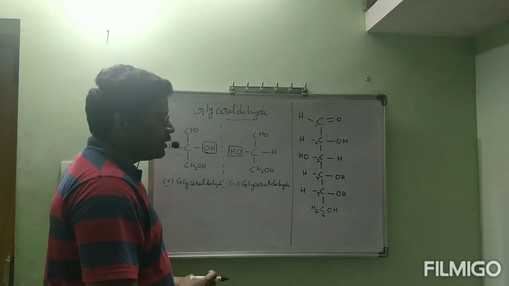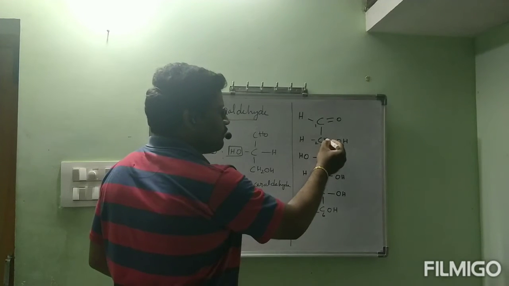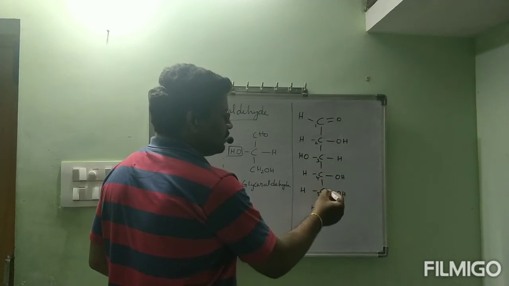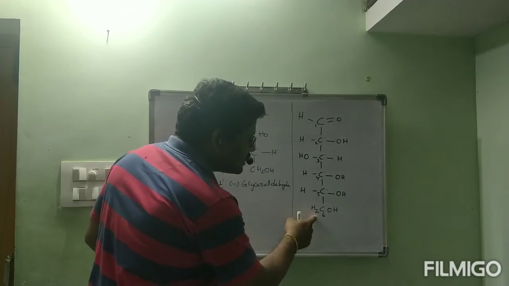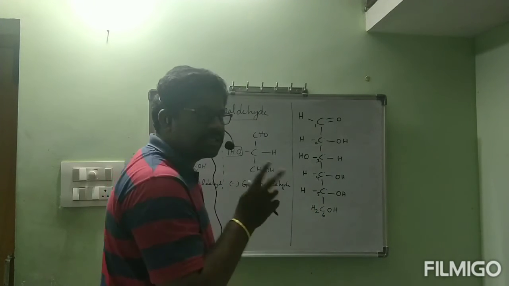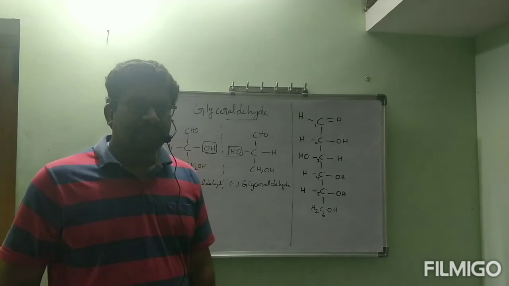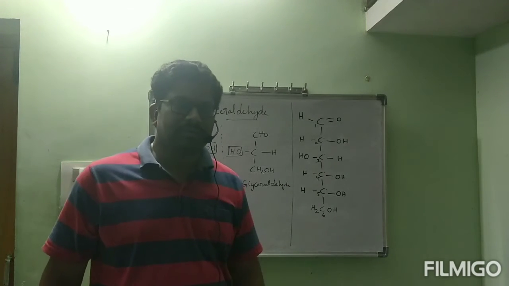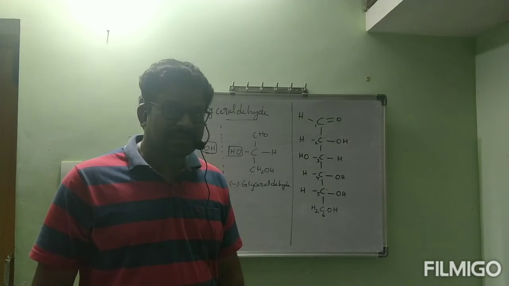Once again, in glucose, 4 asymmetric carbons are there. This carbon is not asymmetric because it is bonded to 2 hydrogens, which are the same groups. What is the definition of an asymmetric carbon? The carbon which is bonded to 4 different groups is called an asymmetric carbon.